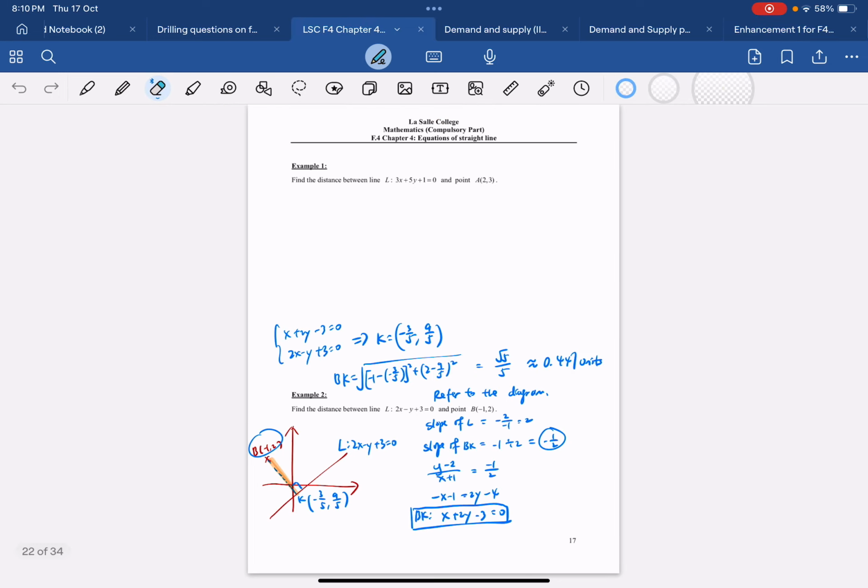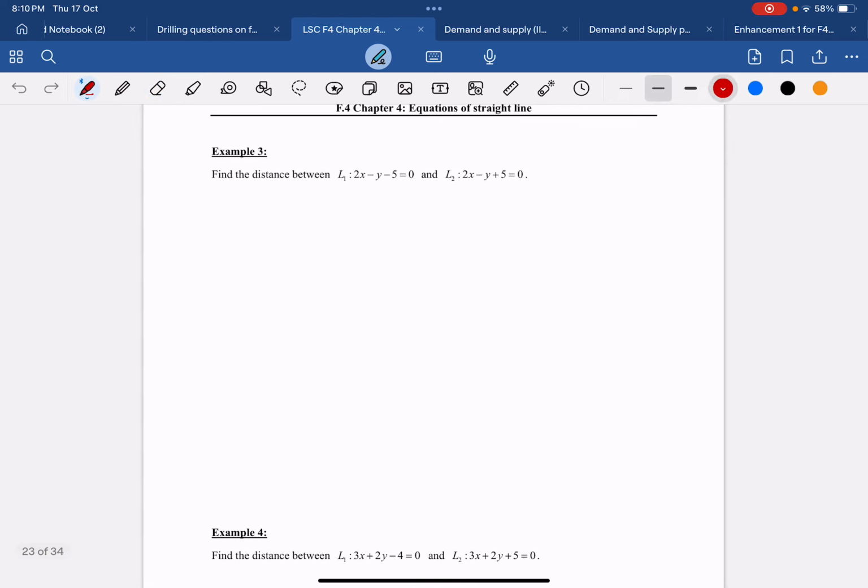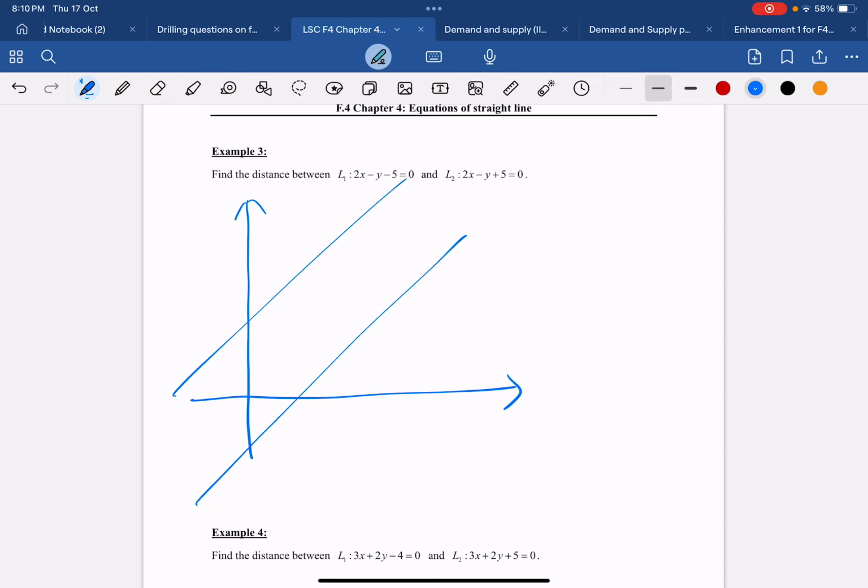Okay, got it. So now, let's come to the next part. Just now we talked about the distance between a point and a line, and now we would like to talk about the distance between two parallel lines. Let's say these are the two parallel lines. Again, we are required to find the distance, which means perpendicular distance, like here.